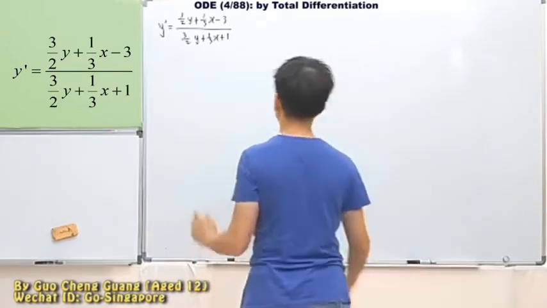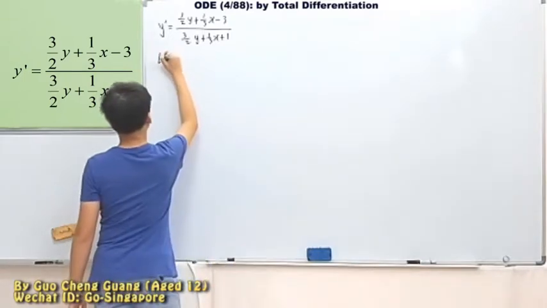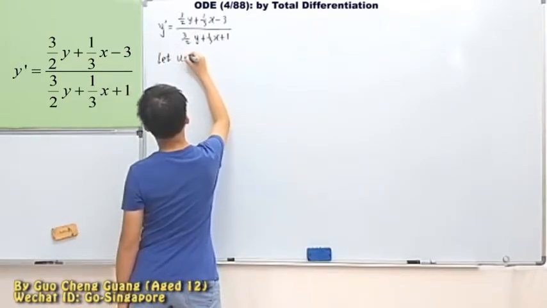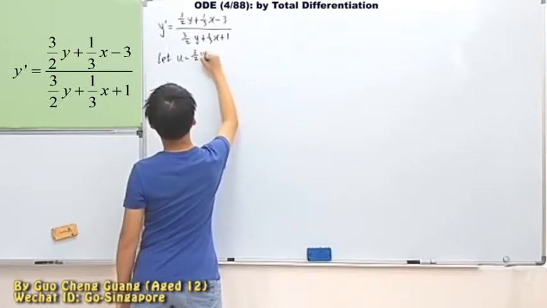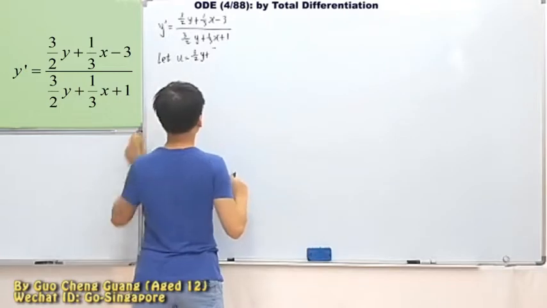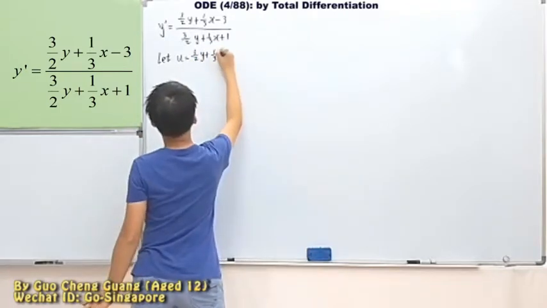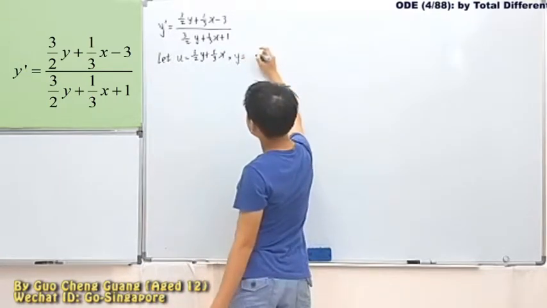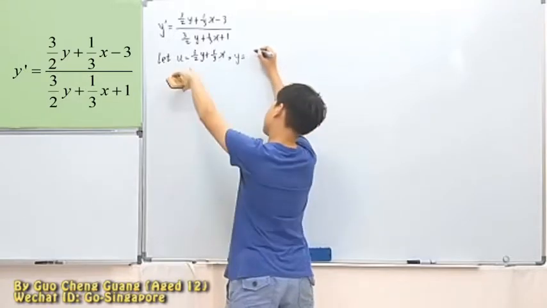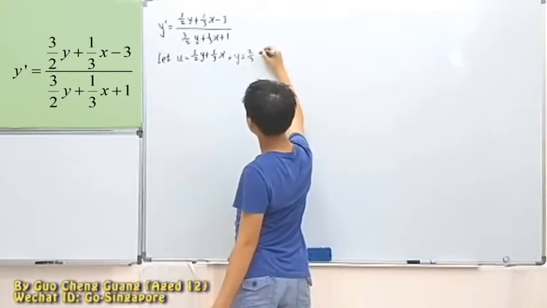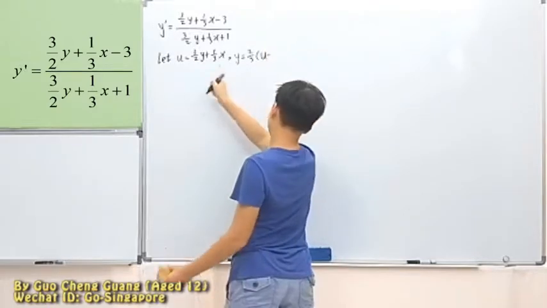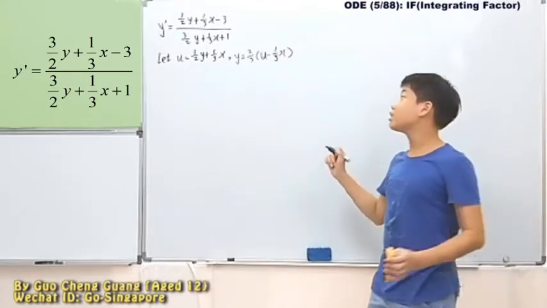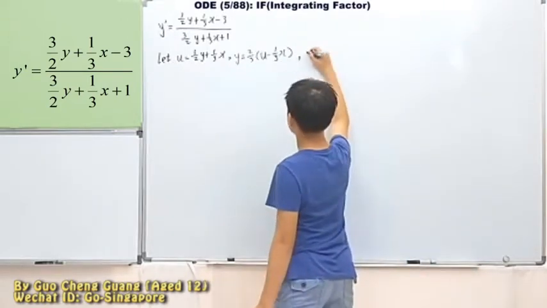For this type, we use variable substitution. We let u be 3/2 y plus 1/3 x. Then you still need to find y, so you move the other term to the other side. After that, you differentiate both sides.